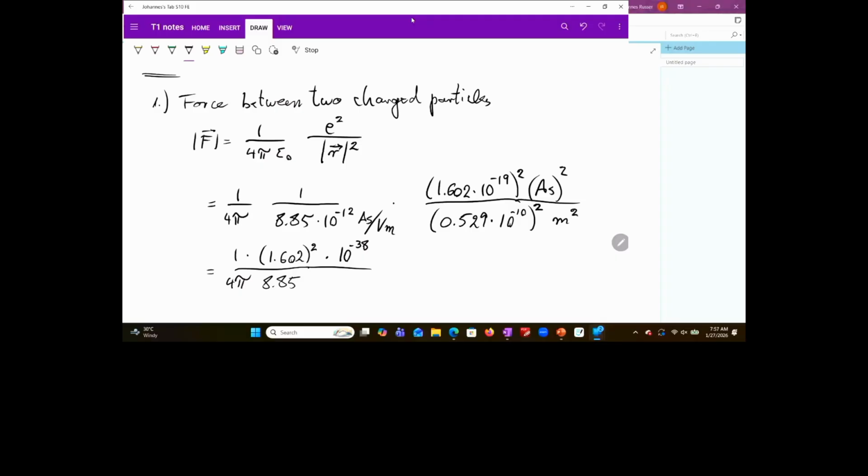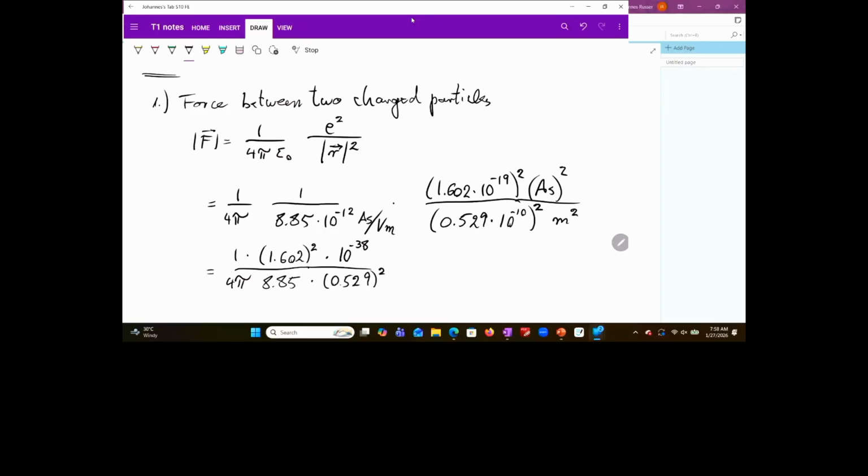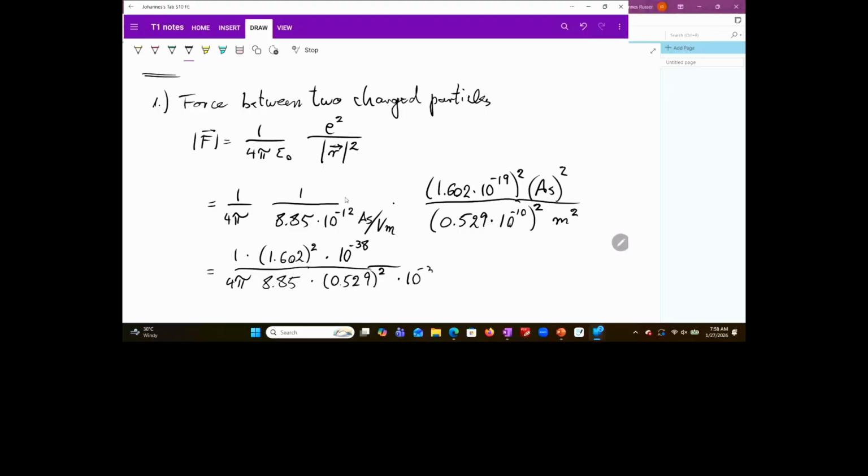And at the bottom we still have the Bohr radius, 0.529 squared, and we have the 10 to the minus 12 and the 10 to the minus 10 squared. 10 to the minus 10 squared makes minus 20, and then with minus 12, that gives us 10 to the minus 32.